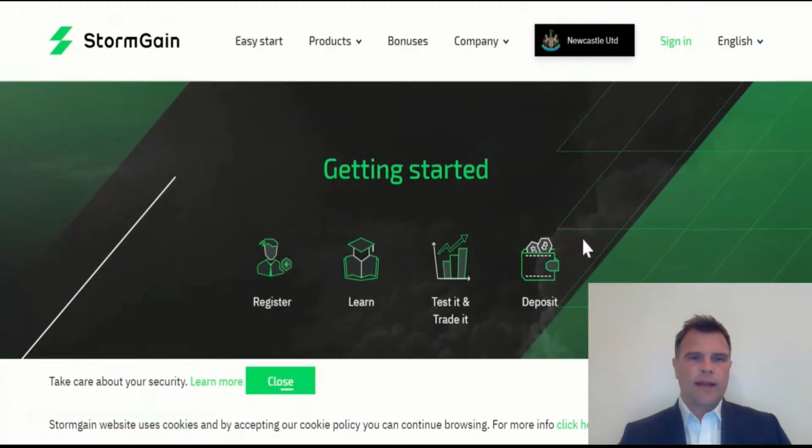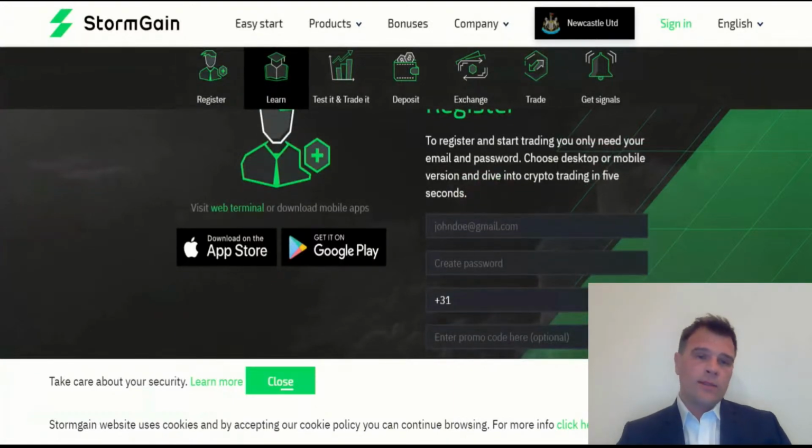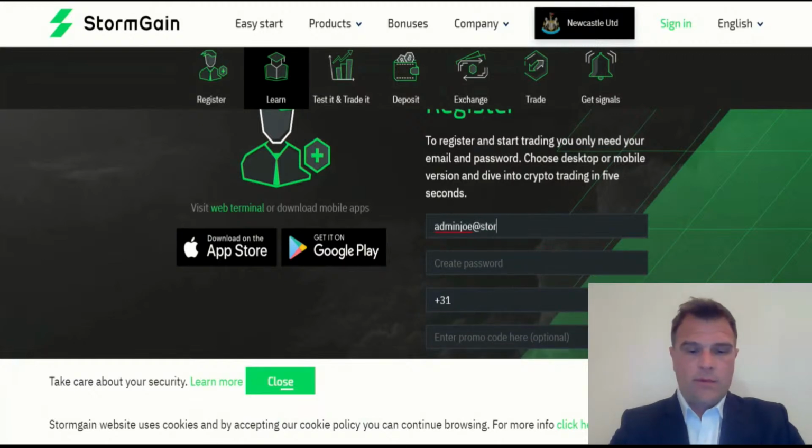So we're going to look at funding an account, getting started. We're going to register an account first. This is where we get back into the App Store. So we're going to go in and enter admin Joe at StormGain, and we type our password in, and then we add a number.